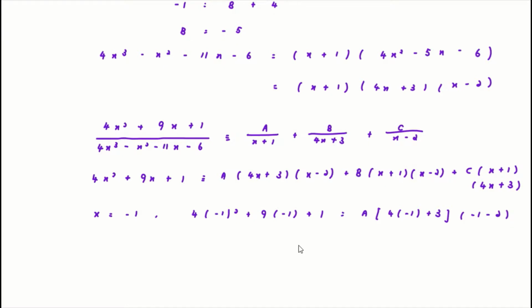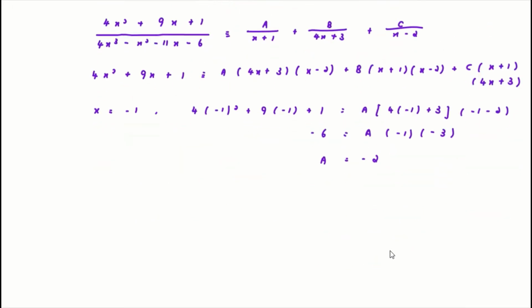Let's expand this. So 4 minus 9 plus 1, and from there we get negative 6, equal to a times negative 4 plus 3, that's negative 1, times negative 3. So 3a equals negative 6, so a is negative 2.